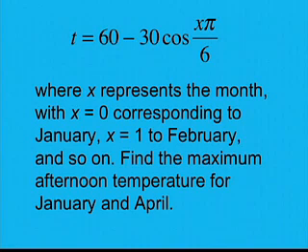Find the maximum afternoon temperature for January and for April. Pause the video while you work on this problem, and when you're finished, restart the video to check your solution.